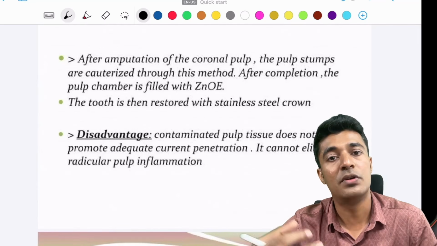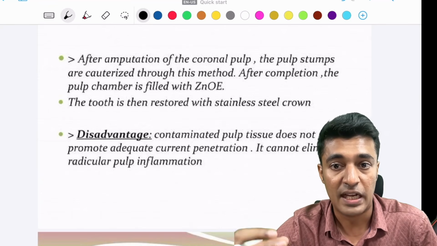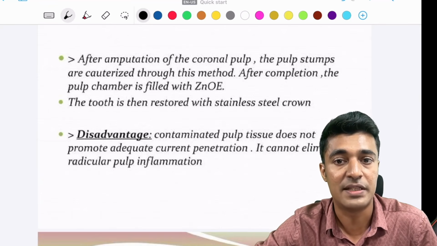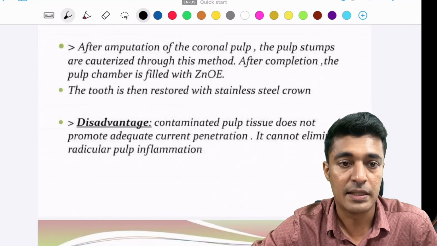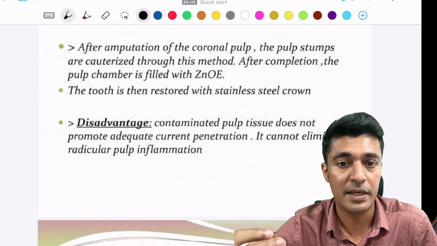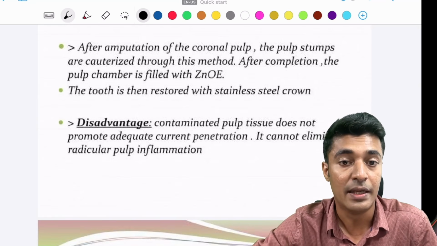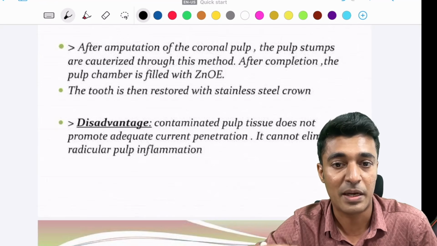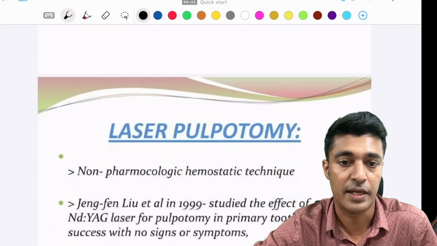After amputation of the coronal pulp, the pulp stumps are cauterized through this method. After completion, the pulp chamber is filled with zinc oxide eugenol and the tooth is then restored with a stainless steel crown. The disadvantage is that the contaminated pulp does not permit the passage of current through the radicular pulp tissue, so the radicular pulp inflammation may not be completely resolved. So that is a disadvantage of this.